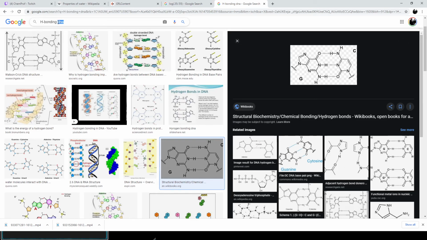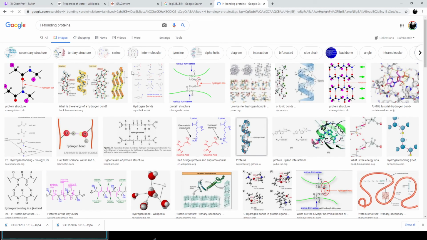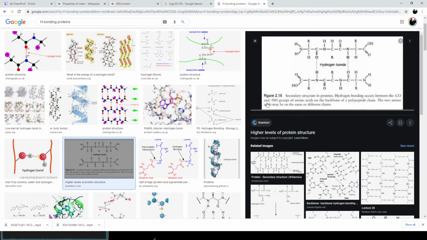And in proteins, it's going to be much the same case. Proteins are made of amino acids that have nitrogens and oxygens in them that have hydrogens. Those will interact with other protein molecules, or even other parts of the same protein really far away from each other.